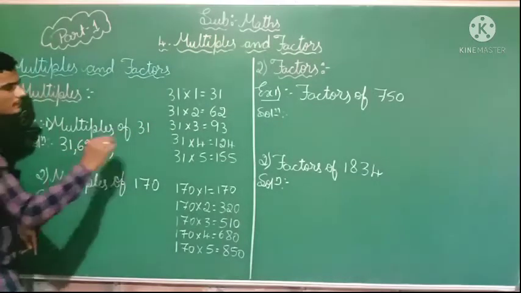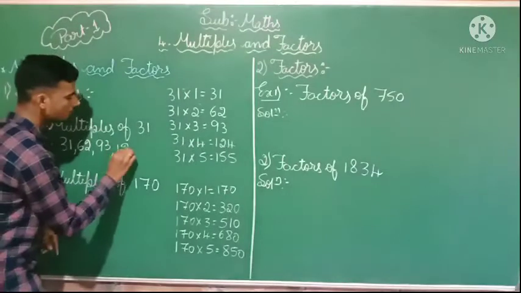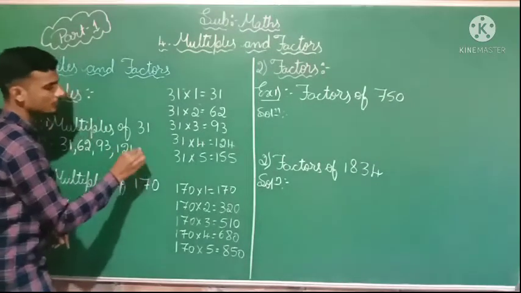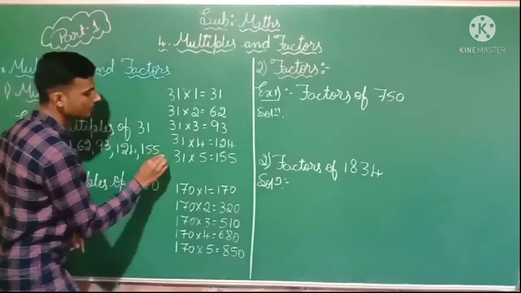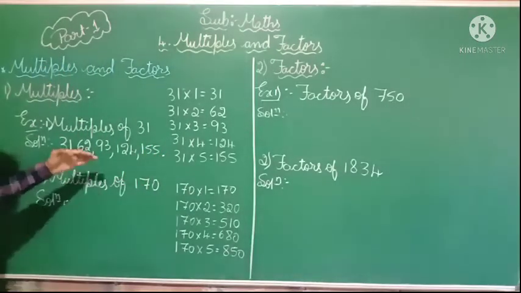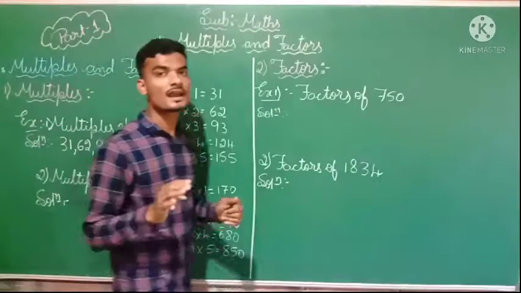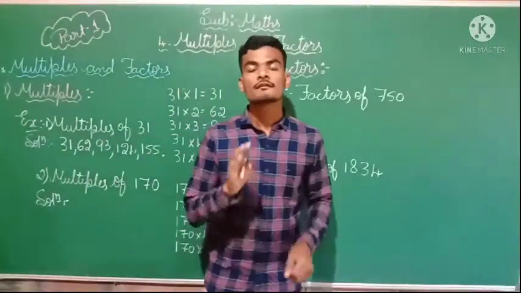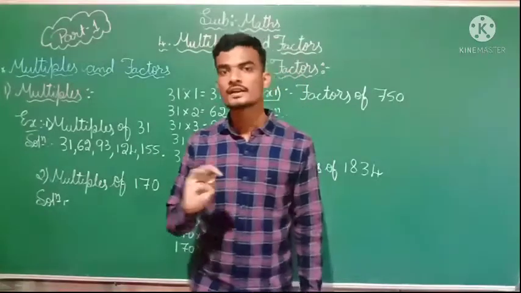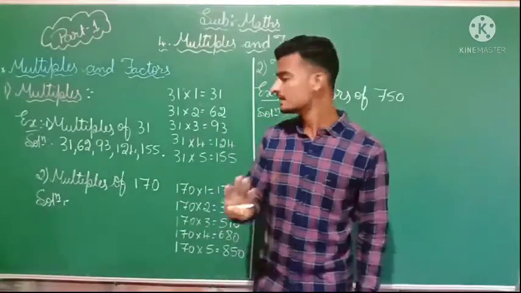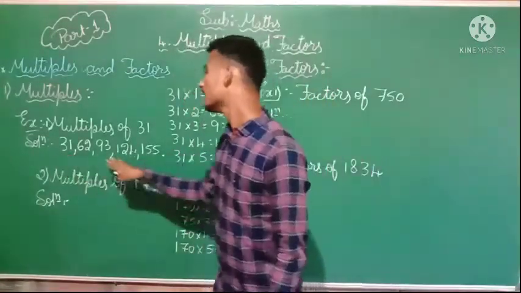Then 31 fours are 124. Then 31 fives are 155. In this way we write the multiples. Here they have asked to write only 4 multiples, but I have written 5 multiples.